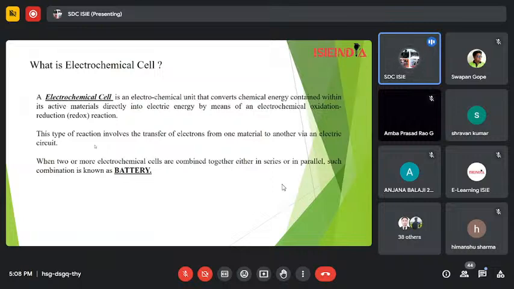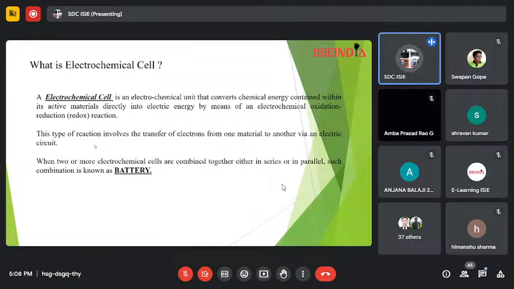It converts chemical energy from some active material. What is the active material here? Like lithium ions, lithium, or whatever mixture we are using, like alkaline or lead acid. These active materials store chemical energy inside them, and that chemical energy is converted directly into electrical energy.